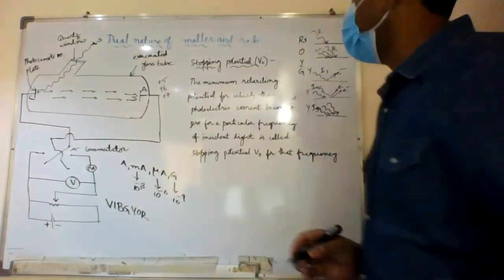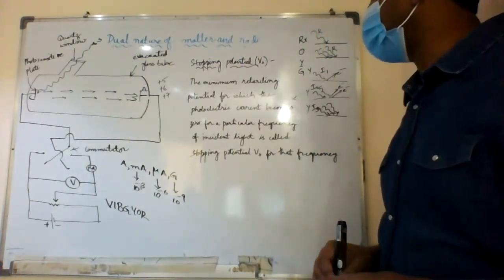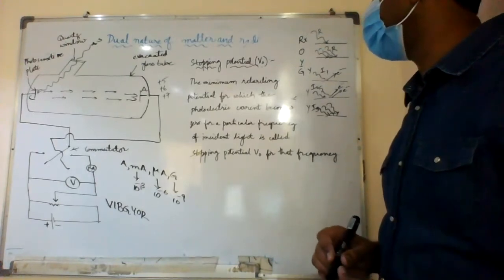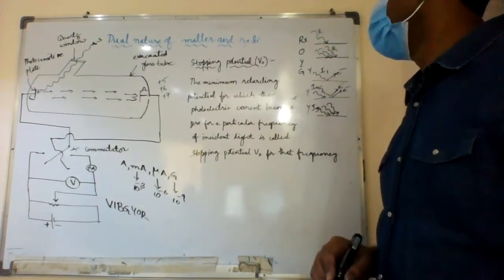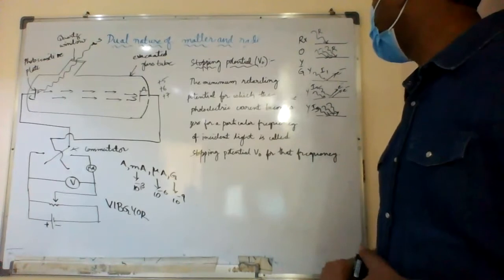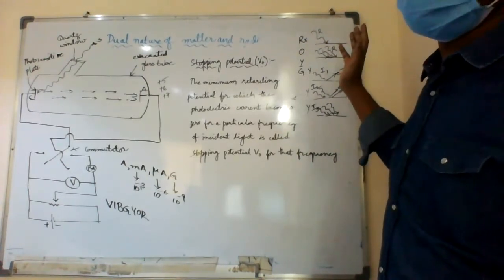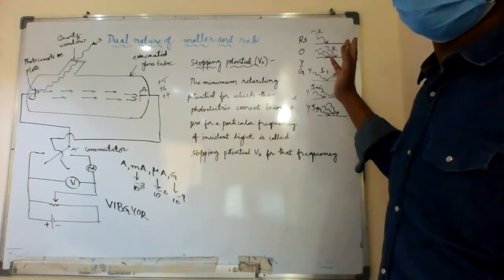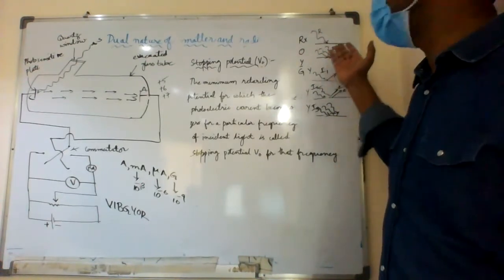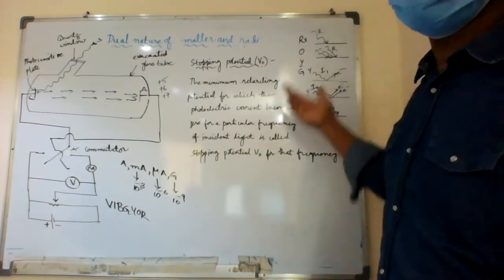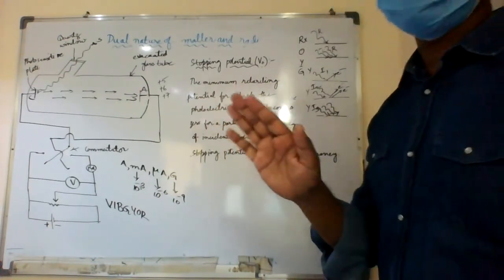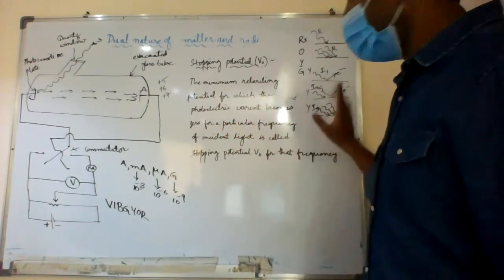Understood? So the minimum retarding potential of anode for which photoelectric current becomes zero. It doesn't mean that, sir, I am taking red color light and I can say it is retarding potential. No. Don't go with the wavelength perception that for red color light it can be; that is not the frequency, that is not the potential. Suppose yellow color is working.